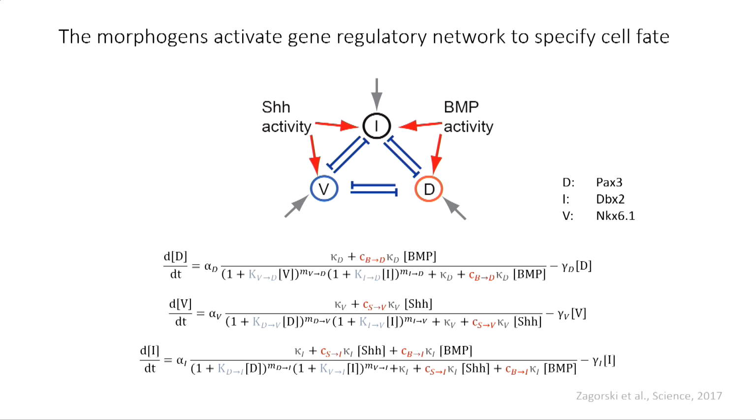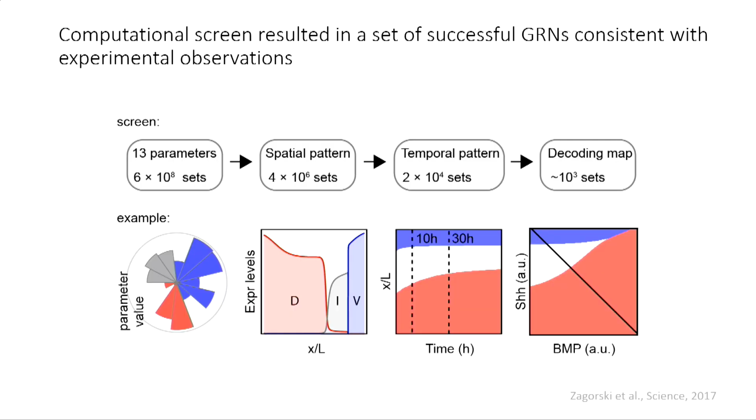These parameters were later on perturbed in a screen to find solutions that satisfy different criteria, and these criteria are made to be consistent with all experimental observations that we had.